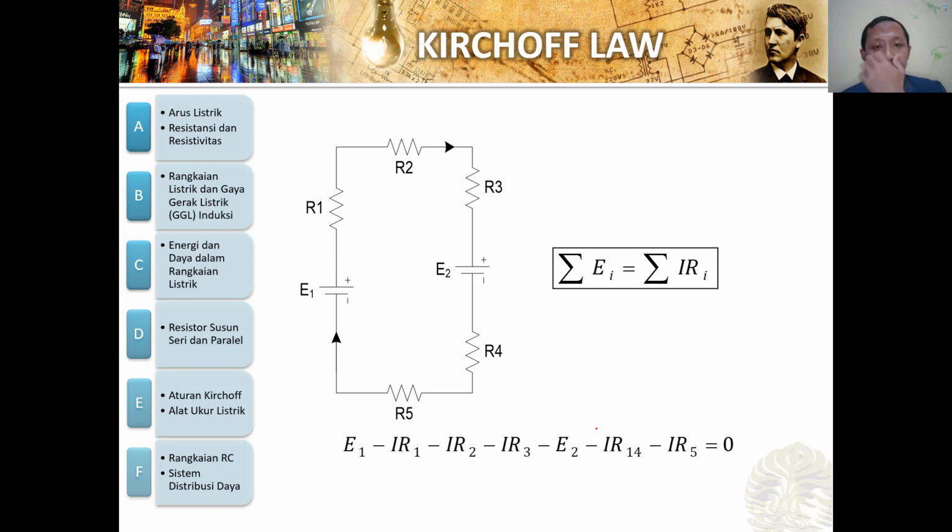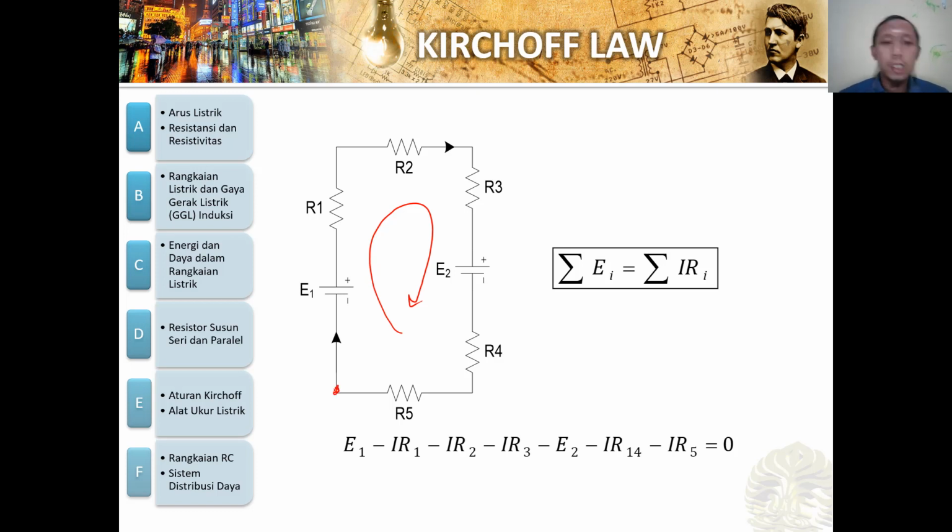Okay, this is the Kirchhoff law. Another Kirchhoff law is for closed circuits like this one. Please remember, I think you got this material in senior high school, but I want you to remember this one. If we have a circuit like this, first we have to determine the current flow of the circuit.